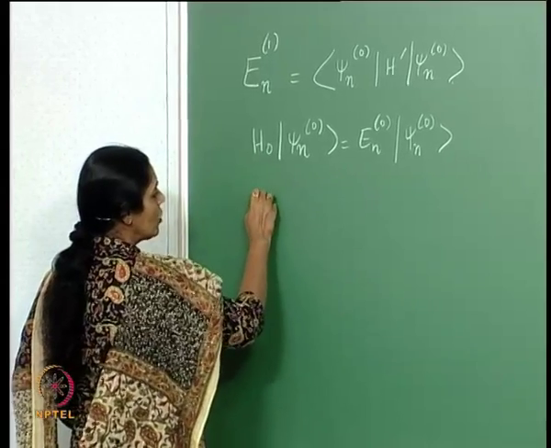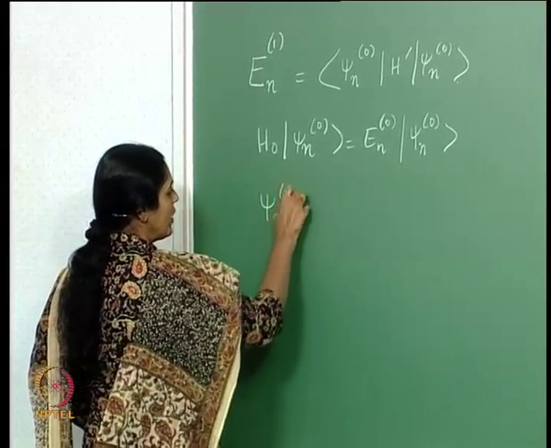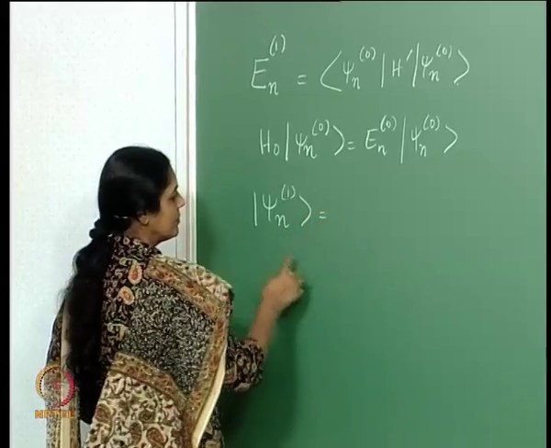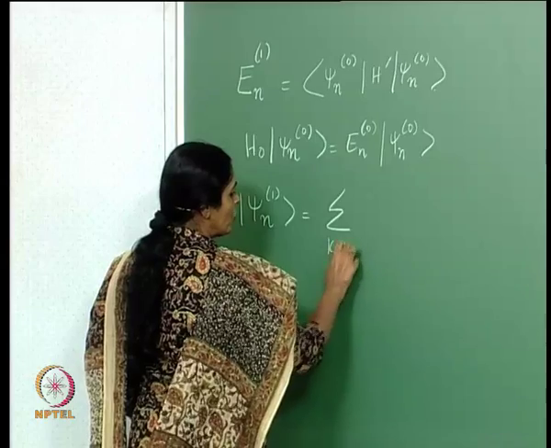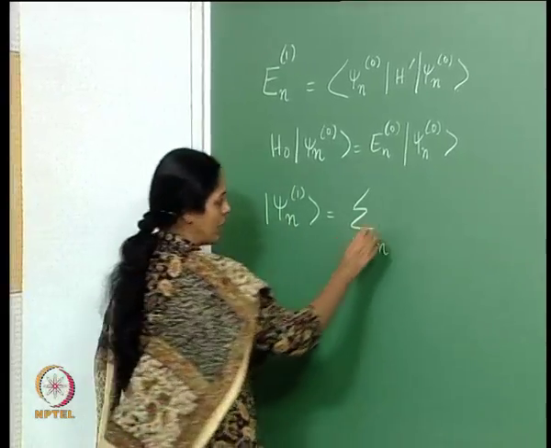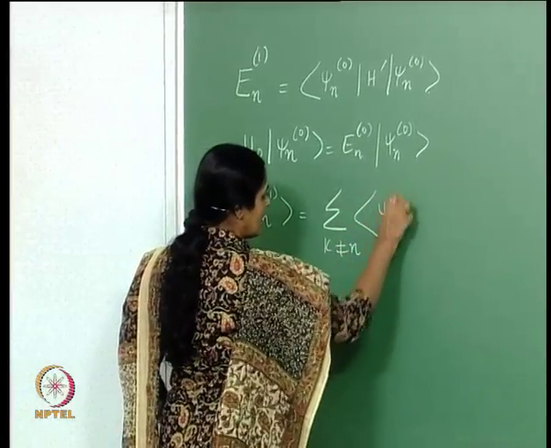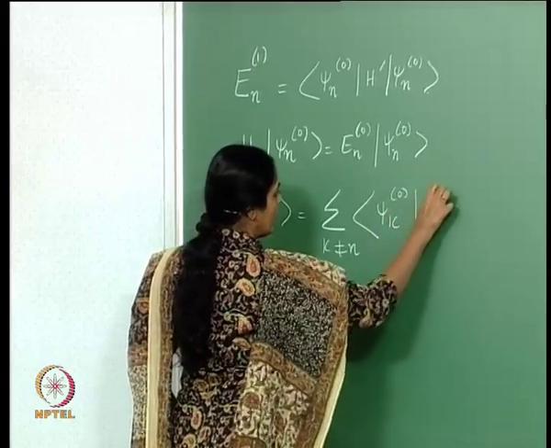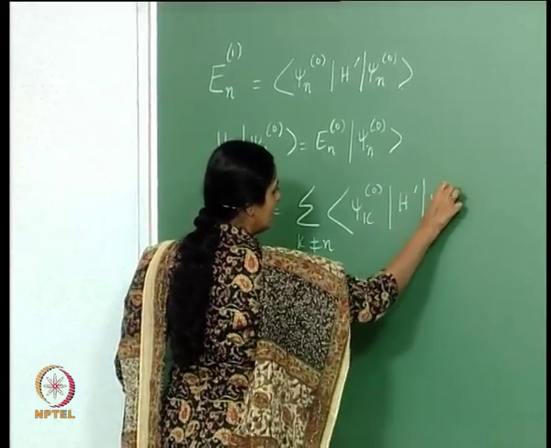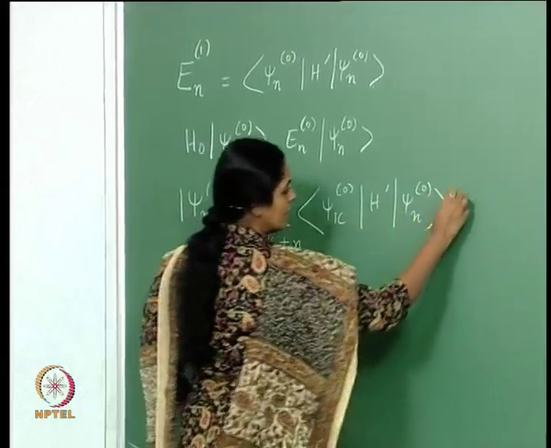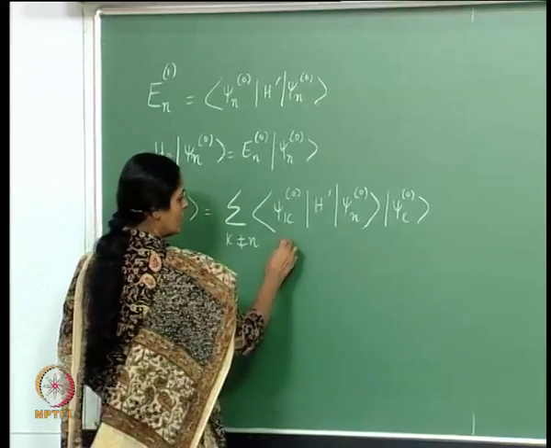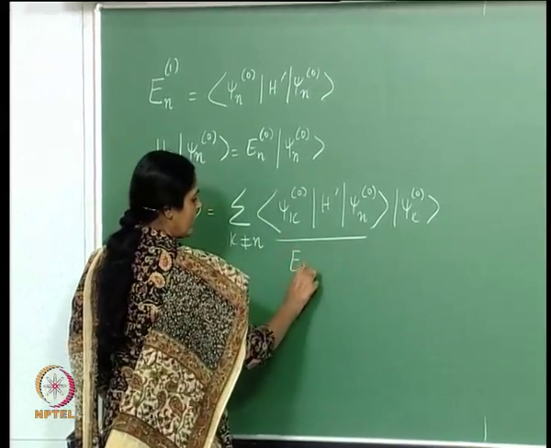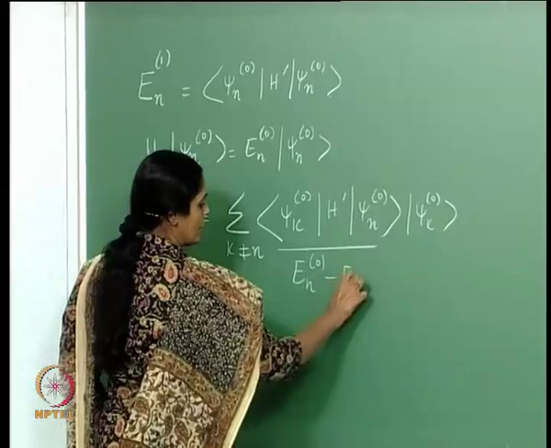The corresponding contribution to the wave function, I call that psi n1, is the summation over all k not equal to n, psi k0 H prime psi n0, that is a number, so there is a ket here, psi k0, divided by En0 minus Ek0.